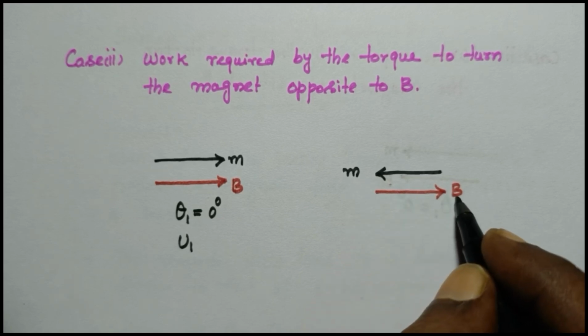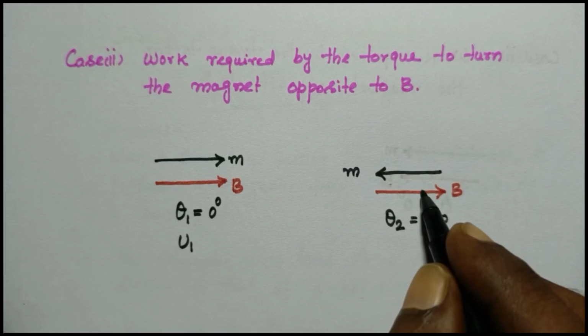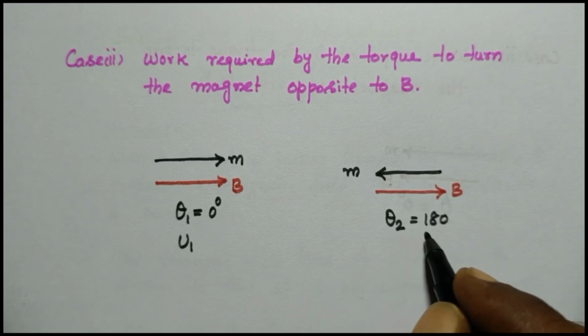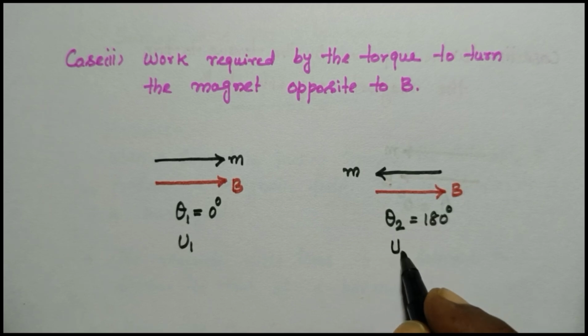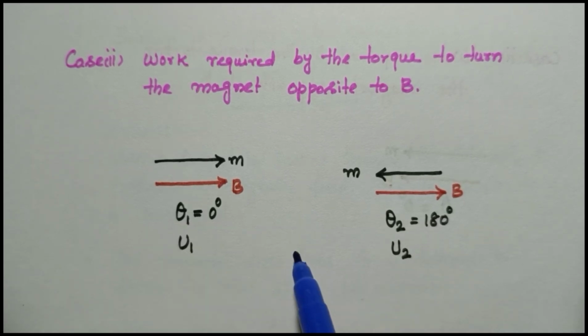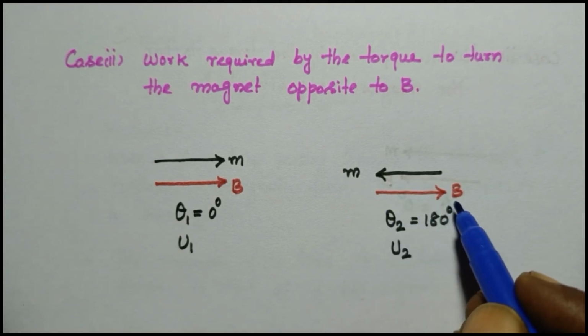Since M and B are opposite, angle theta 2 is equal to 180 degree. Angle in this position is theta 2 and it is equal to 180 degree. The potential energy in this position is U2. We have to calculate the work required by the torque to turn the magnet in such a way that magnetic moment and B are opposite.